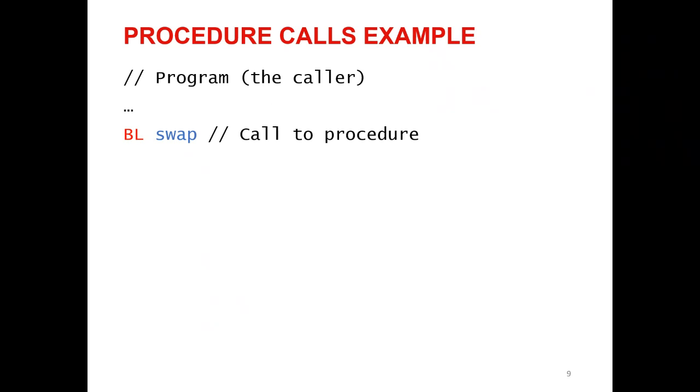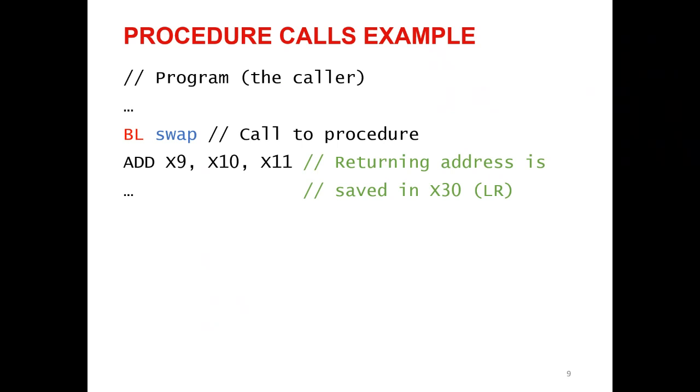As I have mentioned, I'm going to call a procedure. So I use the branch with link instruction BL, and I'm going to call a procedure. In this case, the procedure is called swap, but it could have any name, the name that the programmer has decided. Once I call this BL, branch with link, what happens is the returning address is stored.